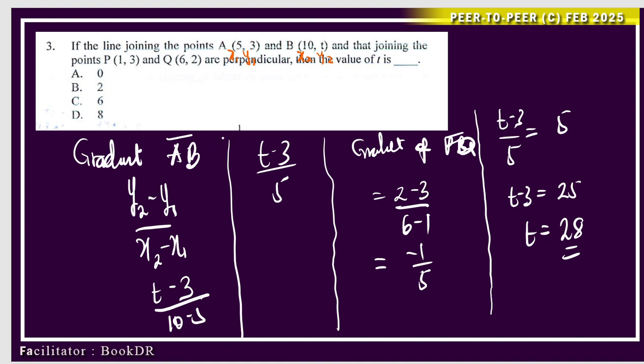And then we seem not to have 28 in the options. Let's glance through our calculations and see whether there's some error. So let's check the substitution. y2 is t, then y1 is 3. That's correct. Then we have 10 take away 5. This is also correct. So that will be t minus 3 over 5.